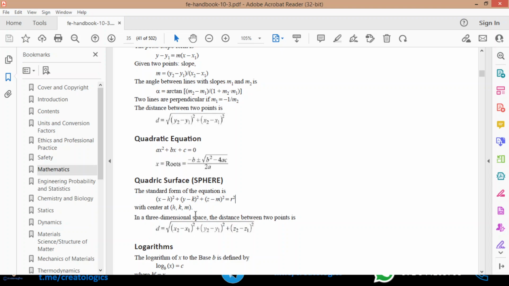See here, the center is h, k, m, then the equation of the sphere will be x minus h whole square plus y minus k whole square plus z minus m whole square is equal to r square, where r is the radius.